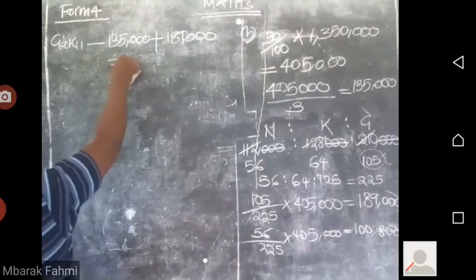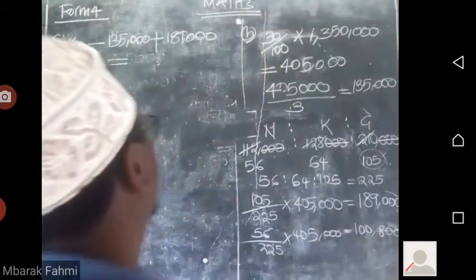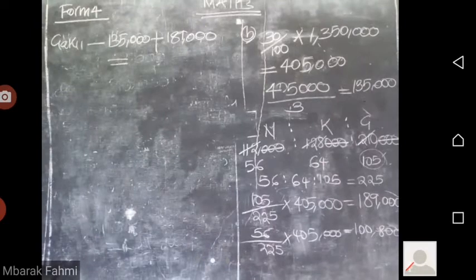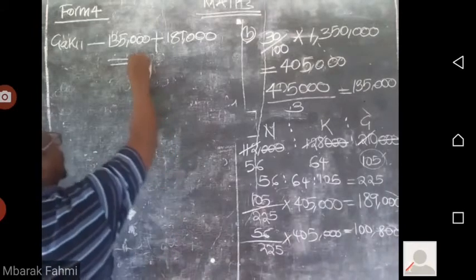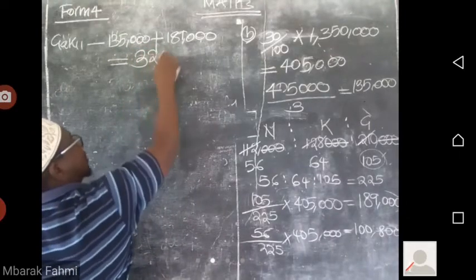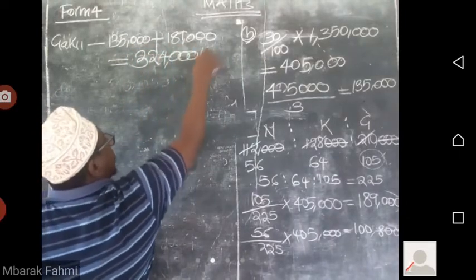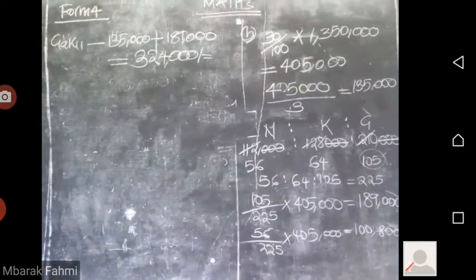So the total will be 135,000 plus 189,000, which gives us 324,000 shillings. That is the total amount that Gaki will receive.